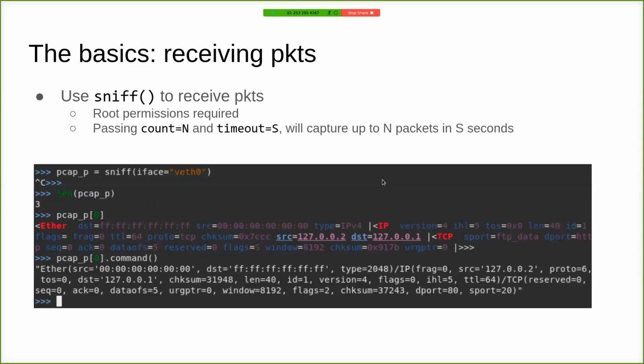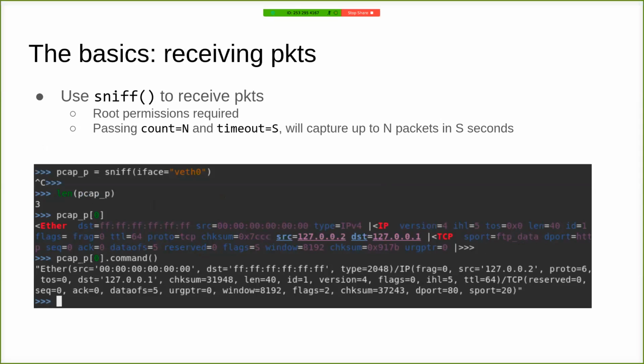It also supports receiving packets. There is a function called sniff. Sniff is basically what would happen if you were running Wireshark, meaning that you would be sniffing on the interface and putting the device into promiscuous mode. For this, you need root permissions, and you can pass in some arguments.